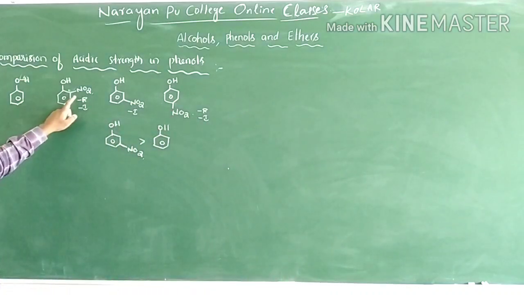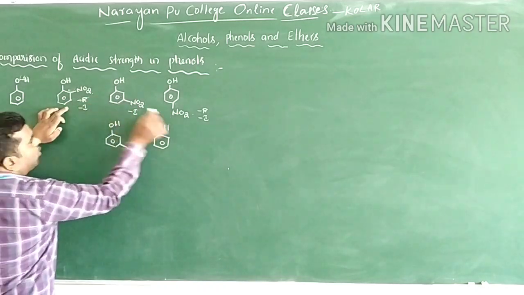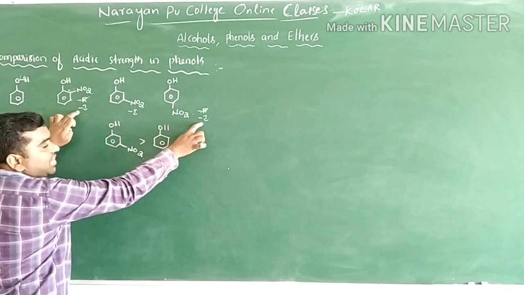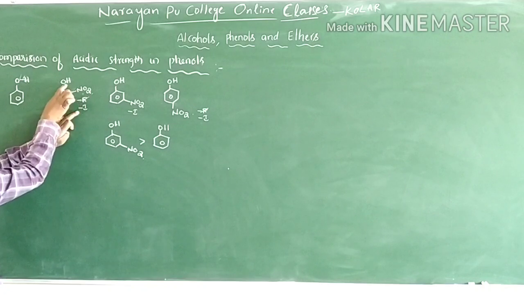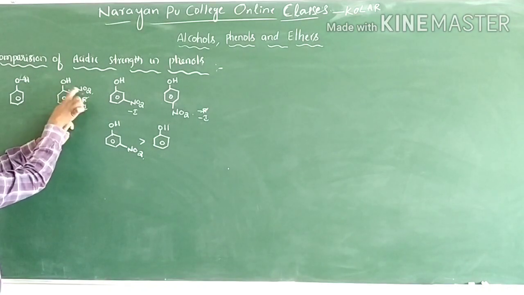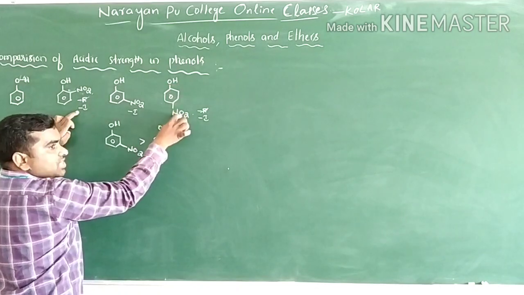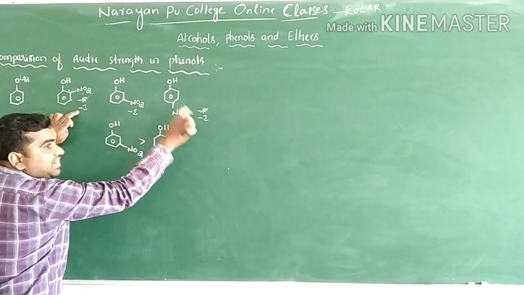So if you compare these two, the resonance effect is the same in both cases. Now we have to compare which effect? The minus I effect. Here NO2 is very close to OH, but here NO2 is very far away from the OH. So as the distance increases, the minus I effect decreases.